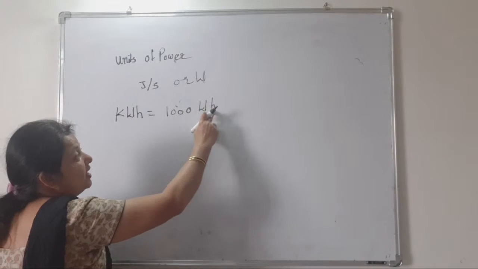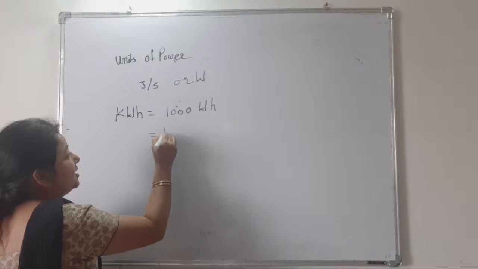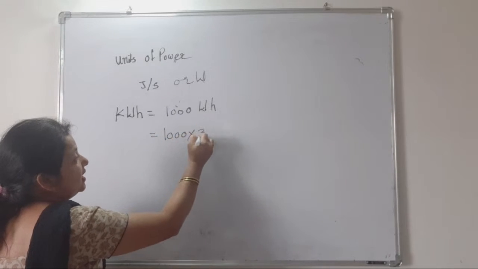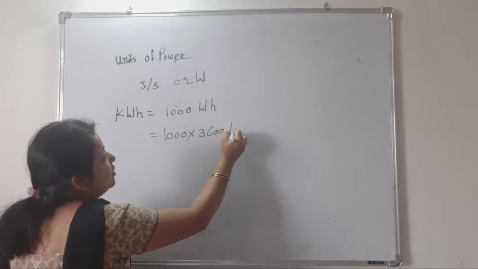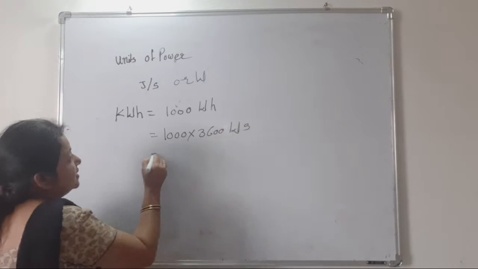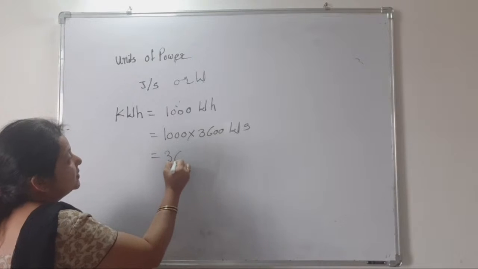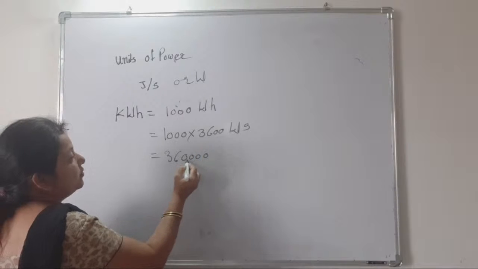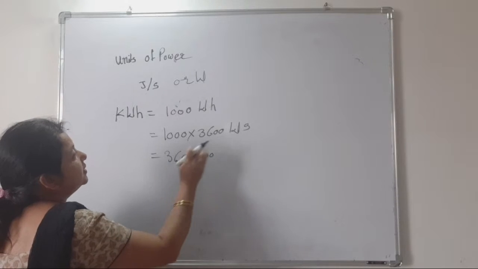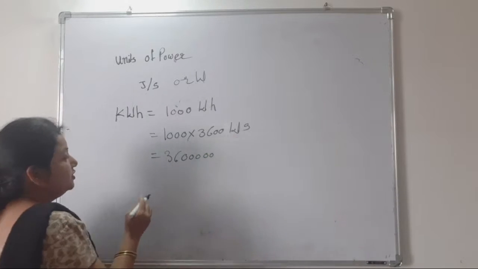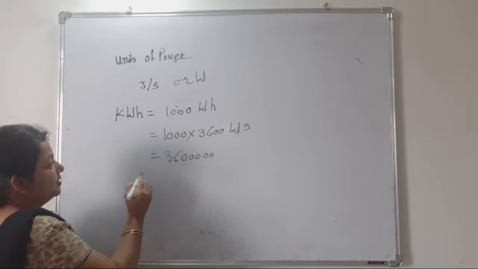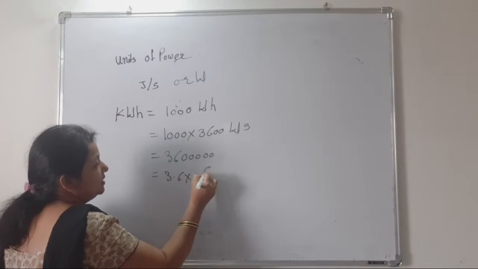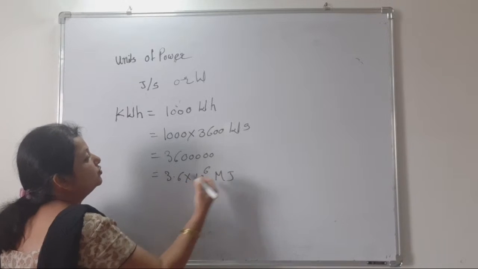If you want to convert hour into seconds, what is the equation? 1000 multiply by 1, how many seconds in one hour? 3600 watt seconds. You may say joule second also, or 3.6 into 10 raised to 6 megajoule.